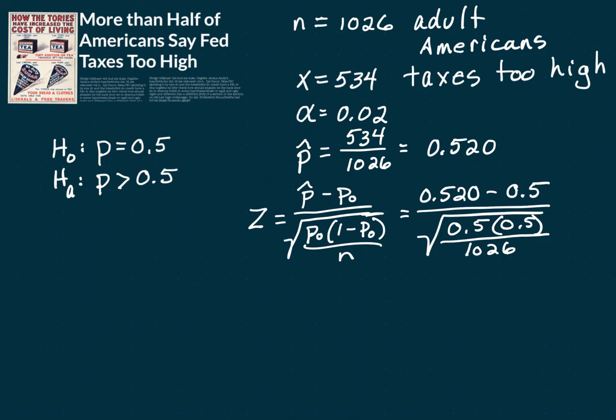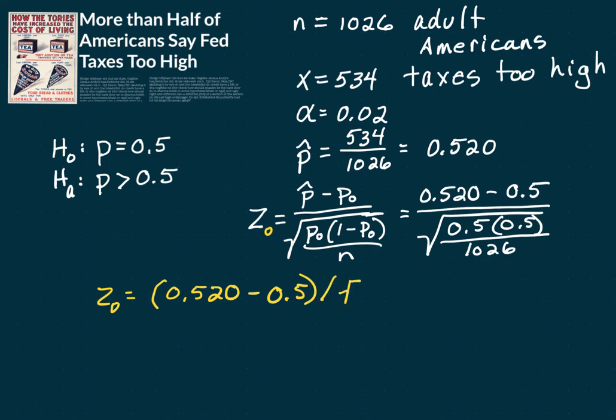Let me say one thing about putting this into the calculator. Make sure that when you are calculating your z null, you put parentheses around what is in the numerator. Either that or you'll have to do the subtraction in the numerator, hit enter, and then do everything else.